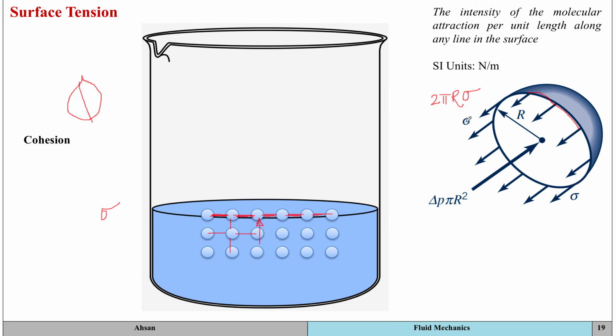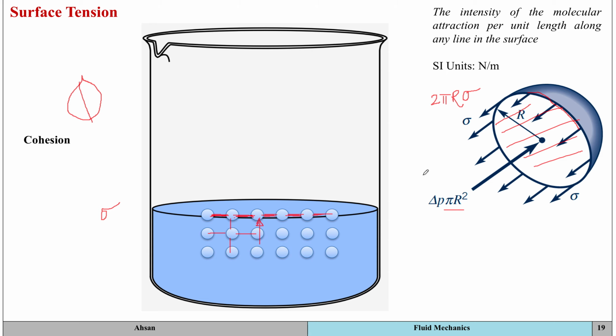Now to balance this force, it's going to be balanced by the pressure difference acting over this circular area. The area of a circle is pi r squared, so pi r squared multiplied by delta p.